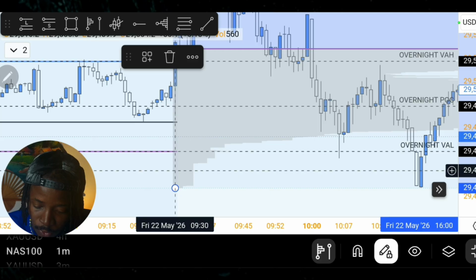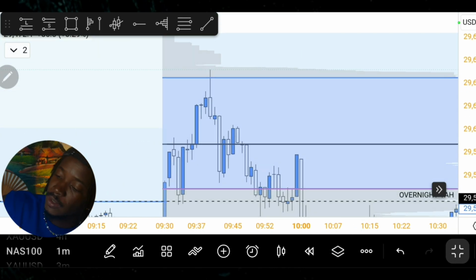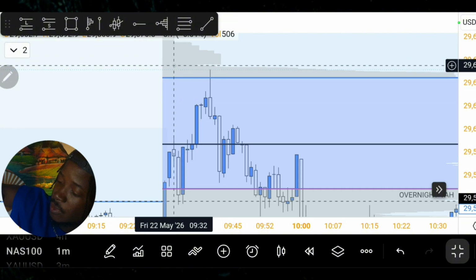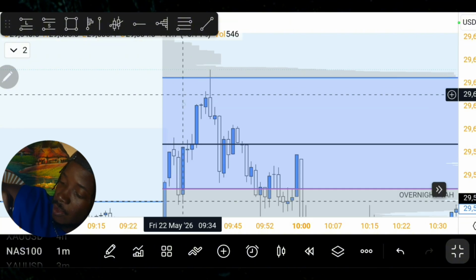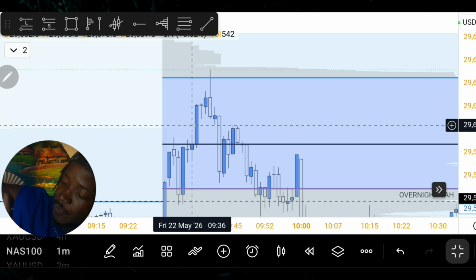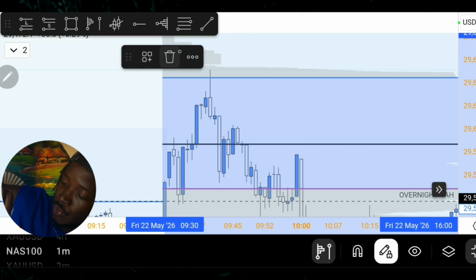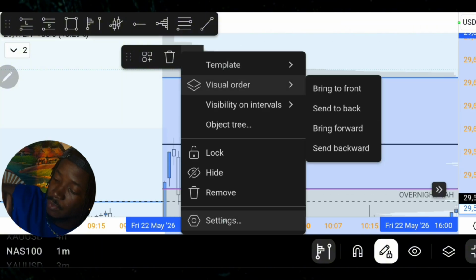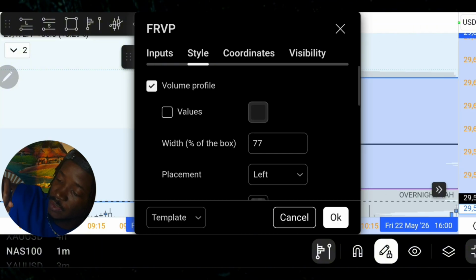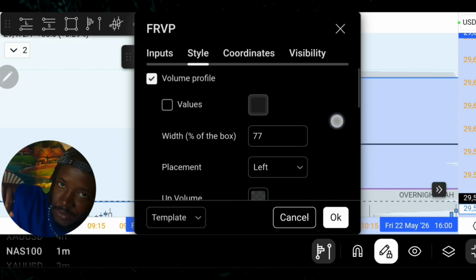And now I'm just going to go once again and mark out the high, the low, and the POC. Before I do that, let me quickly show you this, because this is the way I did my own settings. If I go to style, this is how it is for me under style. You're seeing this on your screen right now.